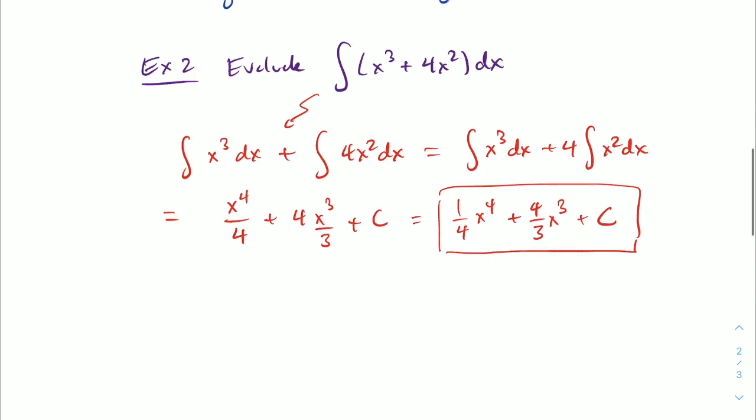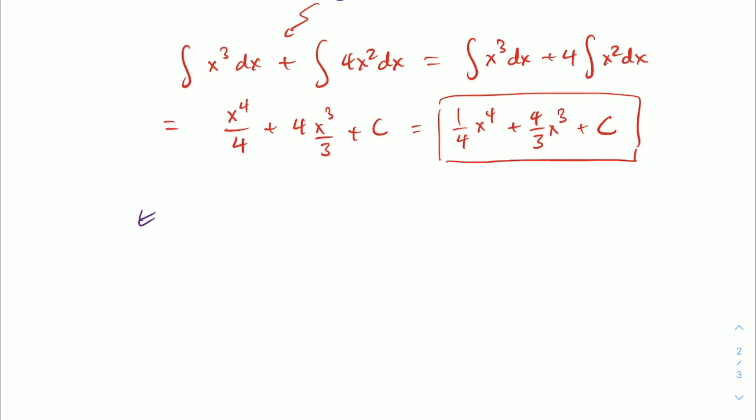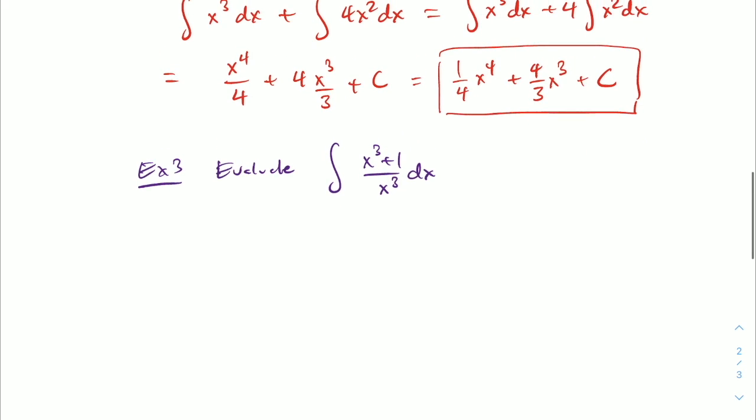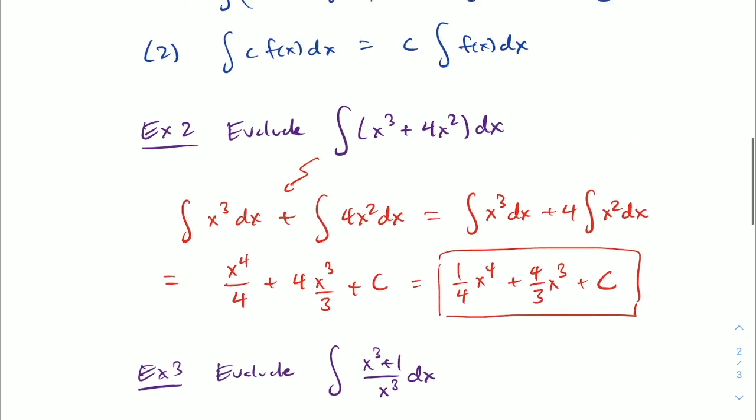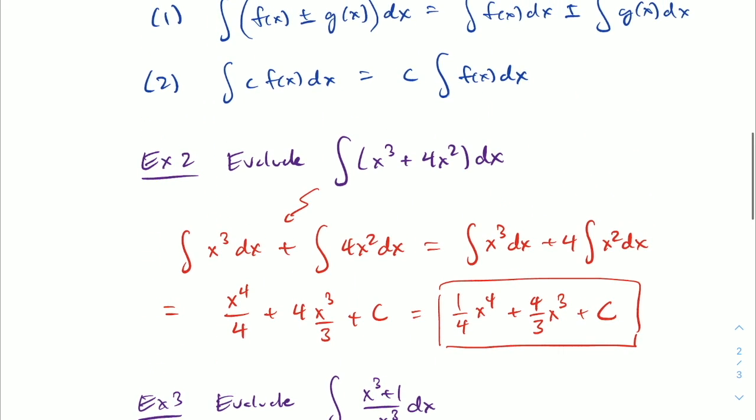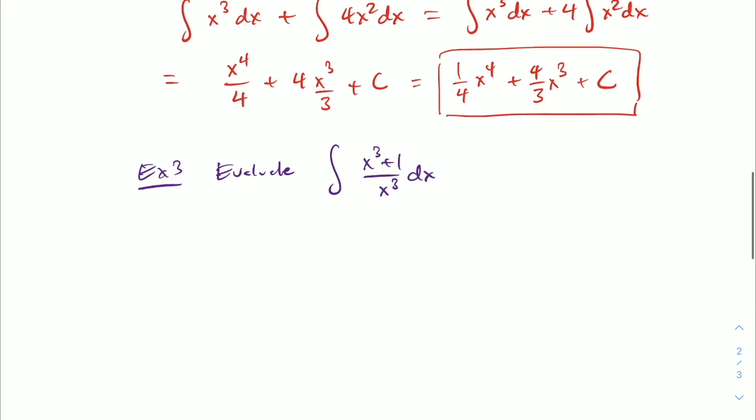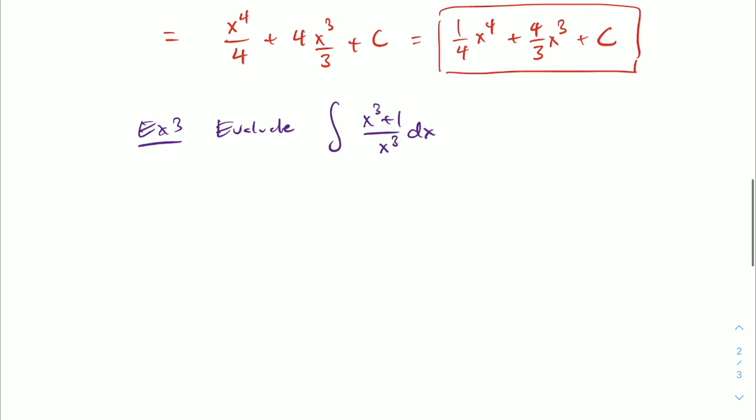Let's look at another example. In this example, we're going to evaluate the integral of x cubed plus 1 all over x cubed. So we see we have a quotient here, and there's no rule for antideriving a quotient, so we need to rewrite this. What we're going to do is rewrite this as a sum. The way we do that is we rewrite this as x cubed over x cubed plus 1 over x cubed.